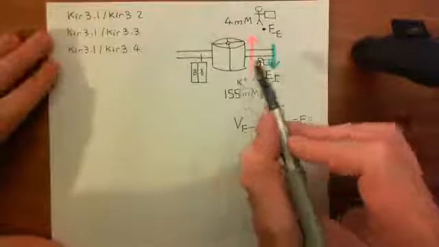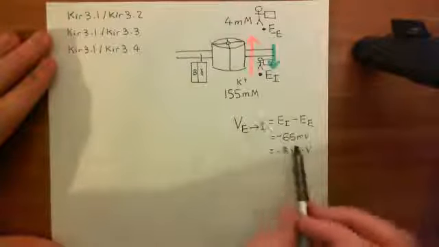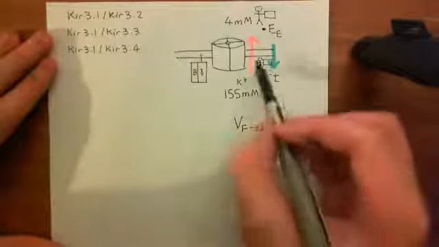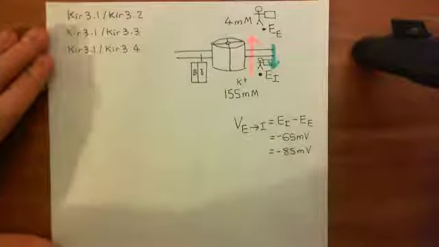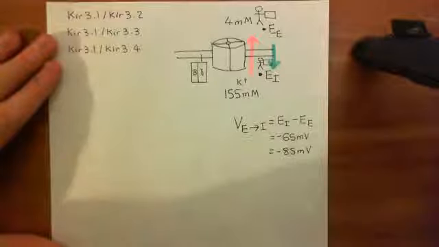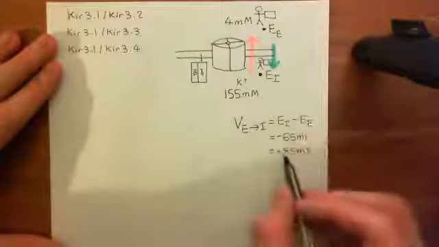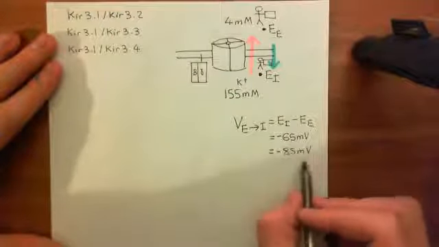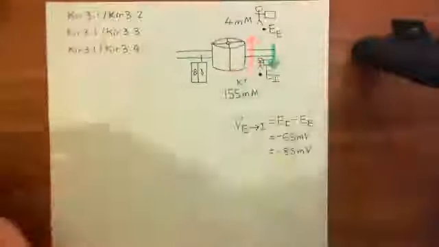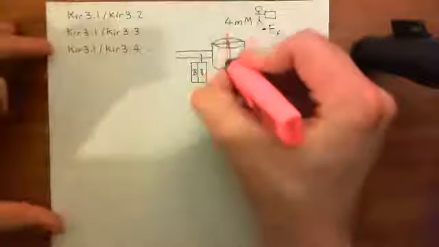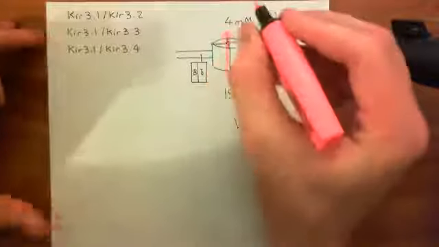So this electrical gradient is nowhere near strong enough to neutralize the driving force of the concentration gradient. So at negative 65 millivolts, or at anything higher than negative 85 millivolts, you are going to get a net movement of potassium out of the cell whenever you open this potassium channel.